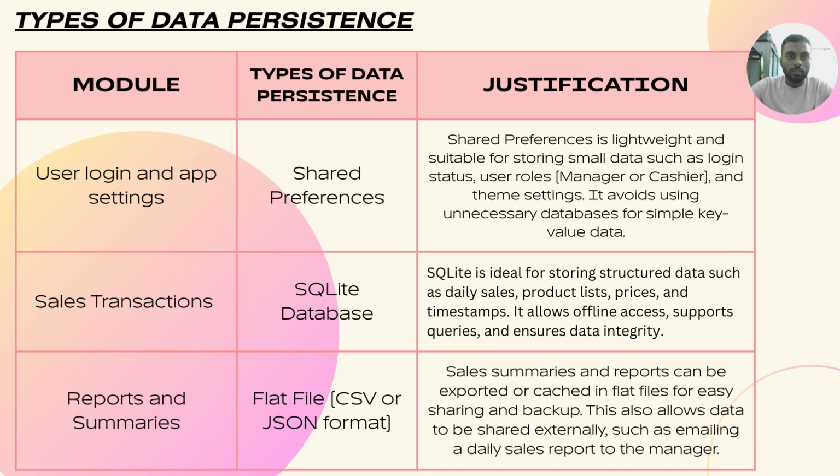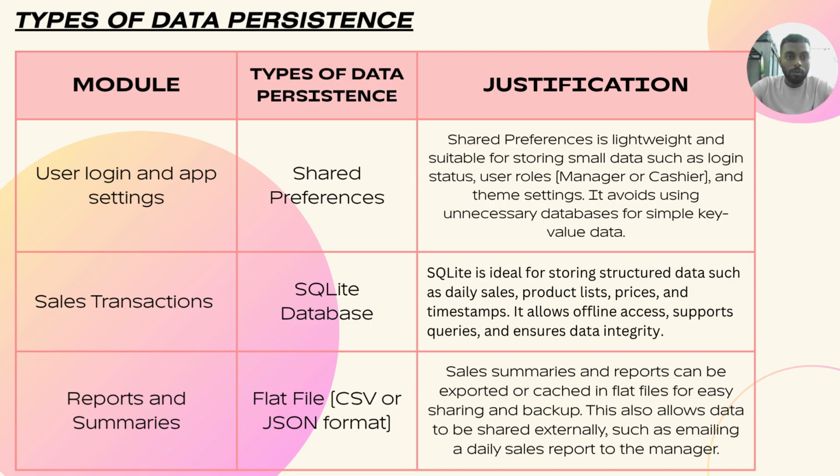Secondly, let's look at the data persistence methods we selected for different modules. For the first one, for user login and app settings, we use shared preferences because it is lightweight and perfect for storing small key-value data like login status and theme settings. The second one, for sales transactions, we use an SQLite database since it supports structured data, queries, and offline access, which is essential for reliability.